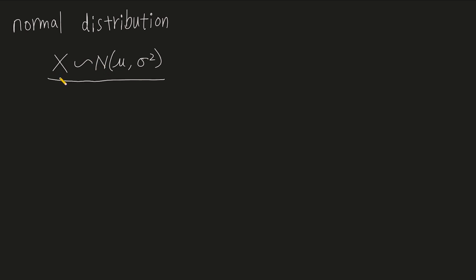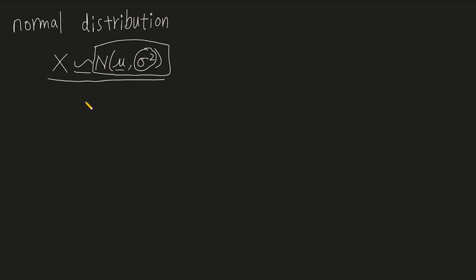Here, X represents the continuous random variable, this symbol means follows, and this means the normal distribution. And mu is the mean of the continuous random variable, and sigma squared is the variance of the continuous random variable.